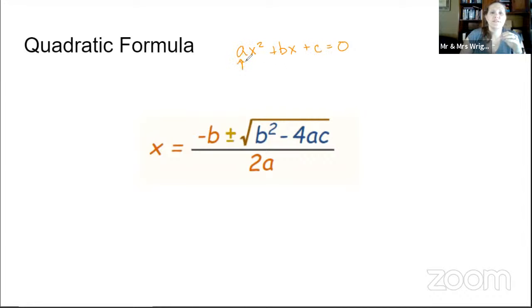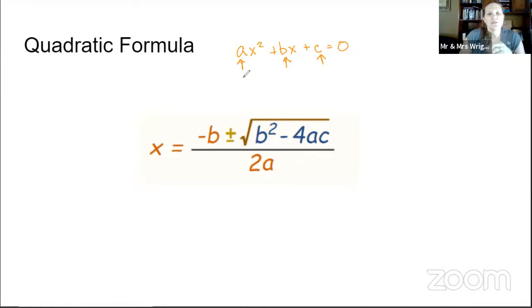Now all of these, a, b, and c, will be numbers. Sometimes if you don't see a b, if you don't see anything with an x behind it, then b is just going to be 0. But all of these will be numbers and not variables, not letters.